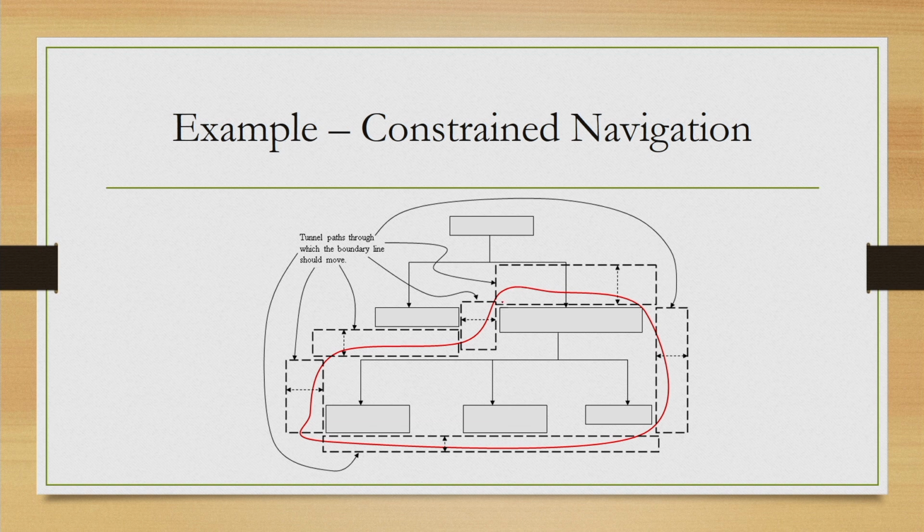Here the red line shows the boundary line we have put around a group of objects, which is actually representative of a hierarchy. Now, for the time being, ignore the dotted lines and the dotted boxes and the comments, just concentrate on the boundary line represented by the red continuous line.